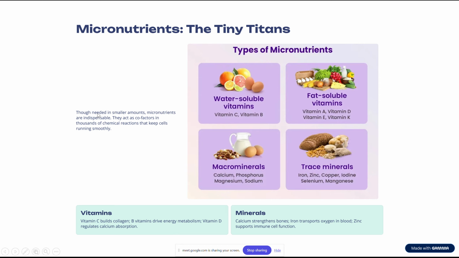Though they are needed in smaller amounts, as you can see on this slide, micronutrients are indispensable. Meaning that although we take them in a very small quantity, they still perform very very important functions.